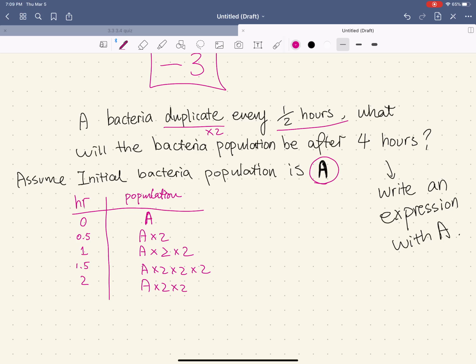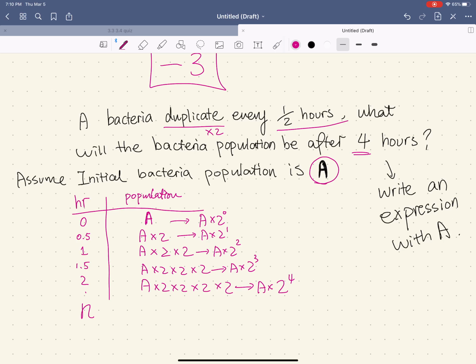You rewrite it as A times 2 to the power of 0, A times 2 to the power of 1, A times 2 to the power of 2, A times 2 to the power of 3, A times 2 to the power of 4. Then you can calculate what n is. I asked you after 4 hours, but you just plug in n afterwards.